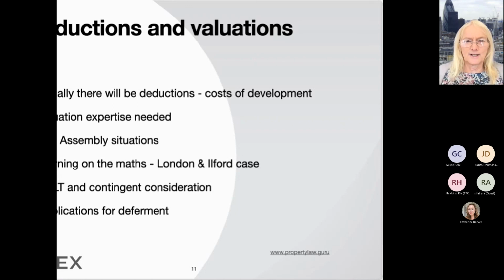You'd have to pay interest at 3% compounded on that for 5 years of £150,000. Whereas if you'd made the application for deferment, you wouldn't pay any interest and you'd only pay it from the date it was due. So I warn you, you need to make application for postponement or deferment in the case of any overage that might be payable on purchases.